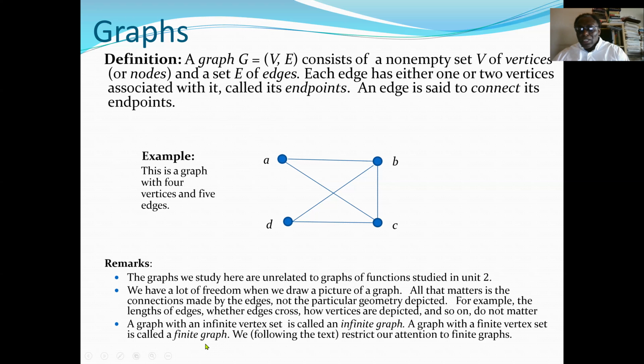A graph with an infinite vertex set is called an infinite graph, and a graph with a finite vertex set is called a finite graph. So the most important remark here is that the graph of college algebra is not the same as the graph we are studying here.